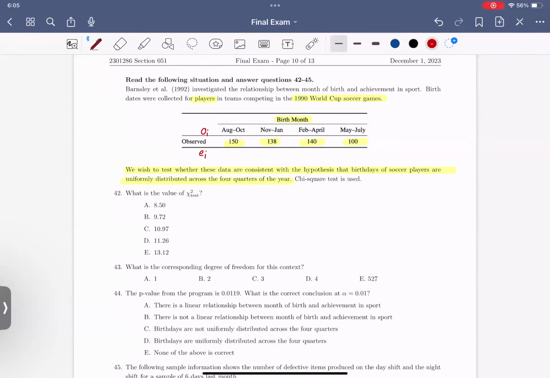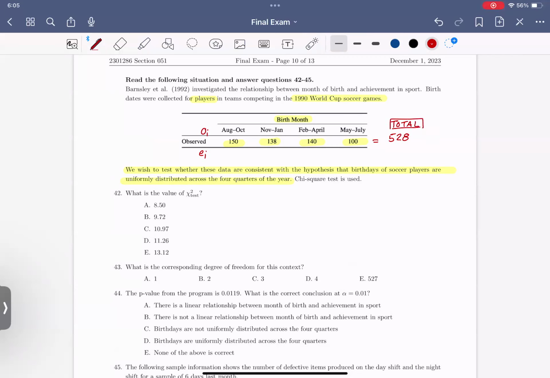So let's add all the numbers here. If you add 150 and also 138 and 140 and 100, you're going to have in total 528 people in the analysis, right? This is the total number of people who answered the survey here.